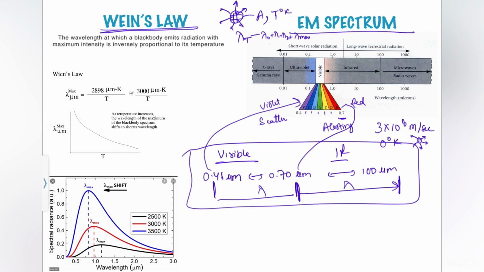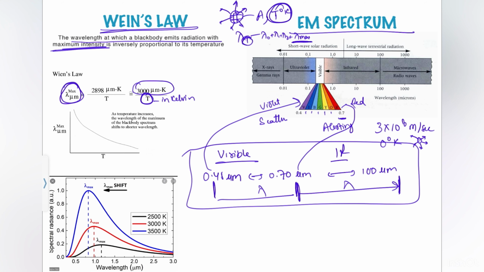Wien's law explains the relation between this lambda max emitted from the body and the temperature of the body. The wavelength at which a black body emits radiation with maximum intensity, lambda max in micrometer, is inversely proportional to the temperature in Kelvin, with a constant of 3000 micrometer Kelvin. So this is the formula.